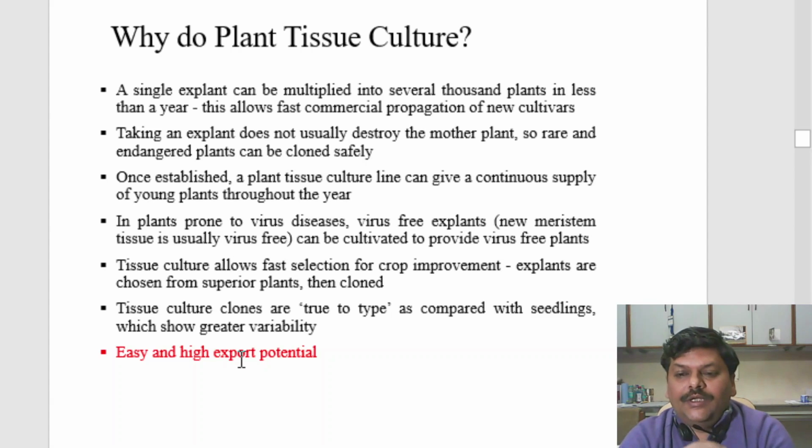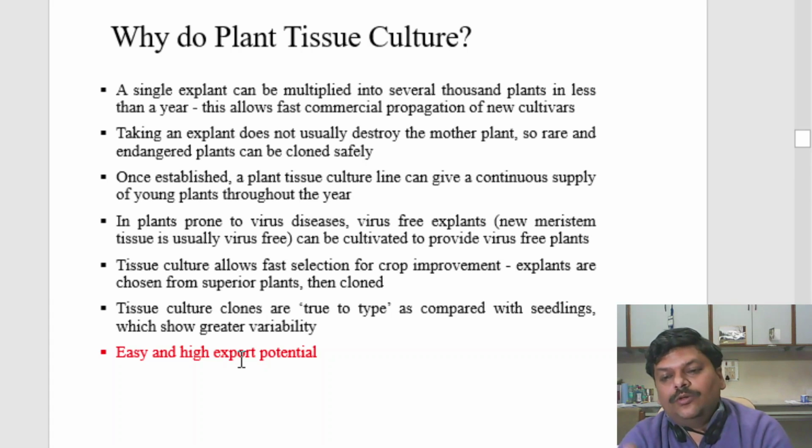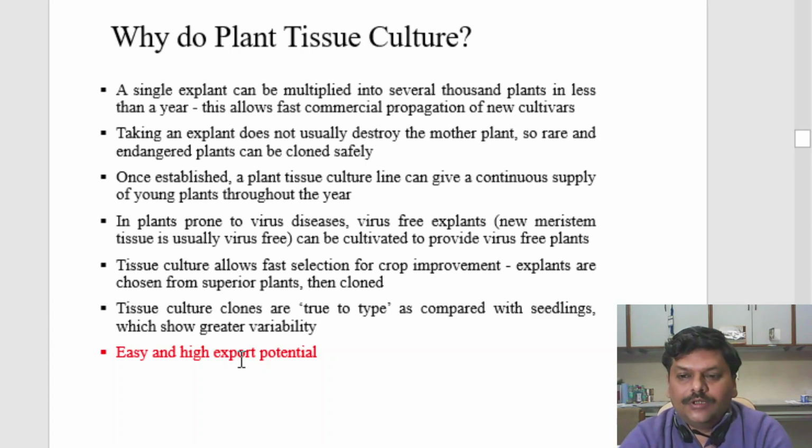Second benefit: if we take an explant from the mother plant, it does not destroy the whole plant. We only take a plant part, say for example either a shoot tip or root tip. The mother plant is always there to provide more material. We need not kill or cut down the whole plant. So the source is always there. We only take a part from the source which can be developed into a whole plant, thousands of plants.